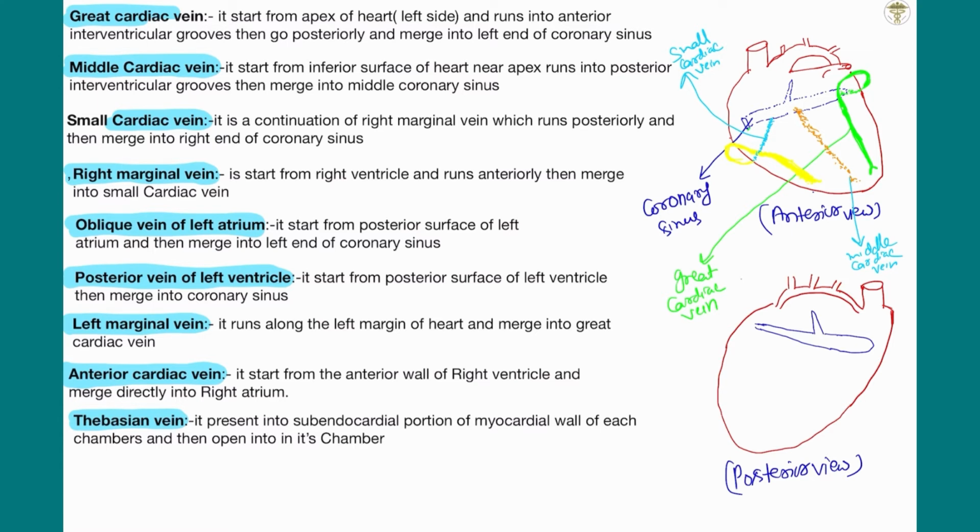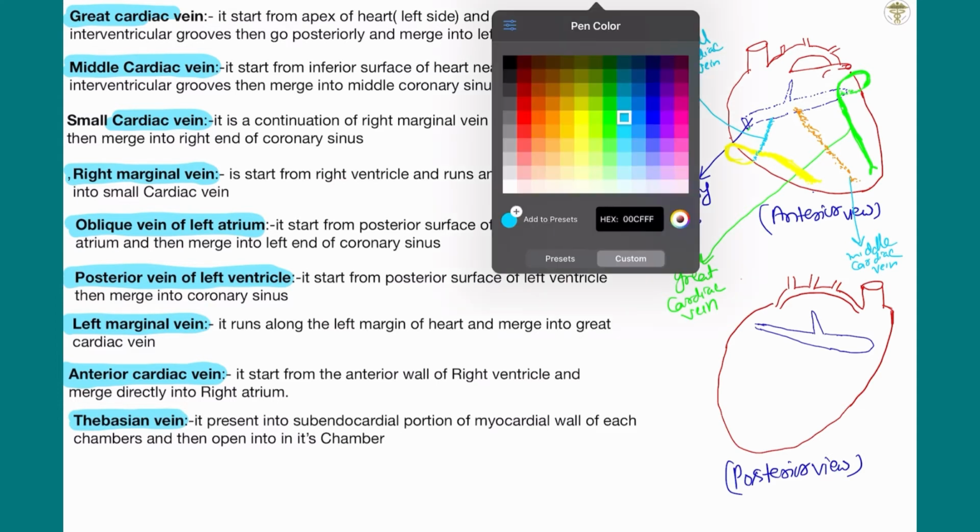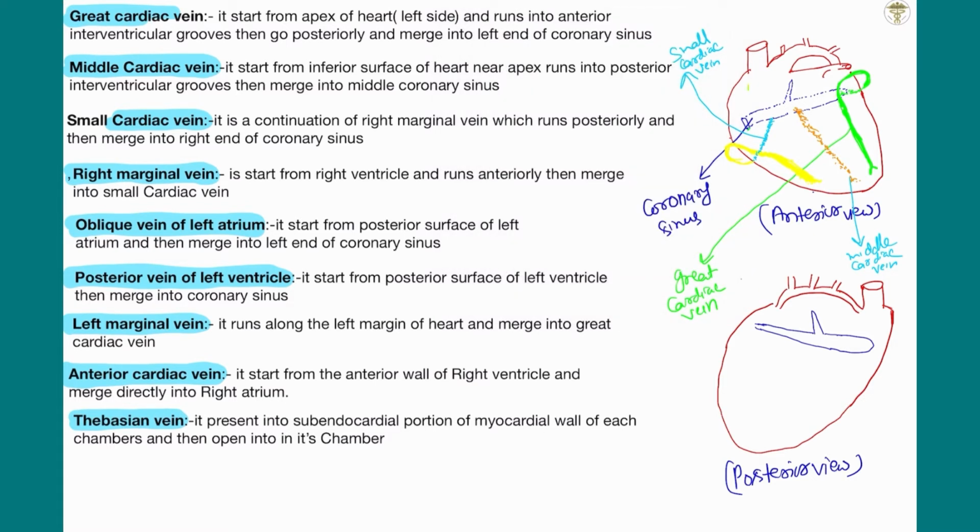I will make the anterior cardiac vein. Here is the right atrium, I will choose a different color. Here is the right atrium, you all know. Here is the anterior cardiac vein, which is present at the right atrium and directly opens into the right atrium.